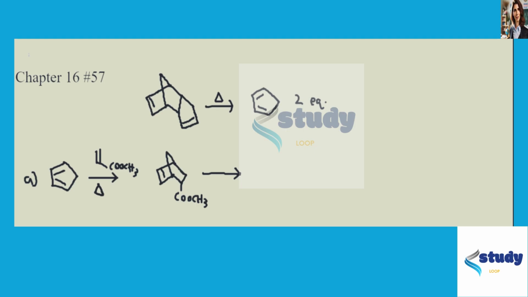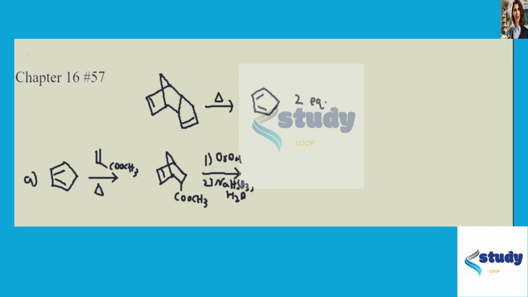And so from this product, we need to do a syn dihydroxylation in order to get our desired product for A. We can do a syn dihydroxylation using osmium tetroxide, followed by workup with NaHSO3 and water.